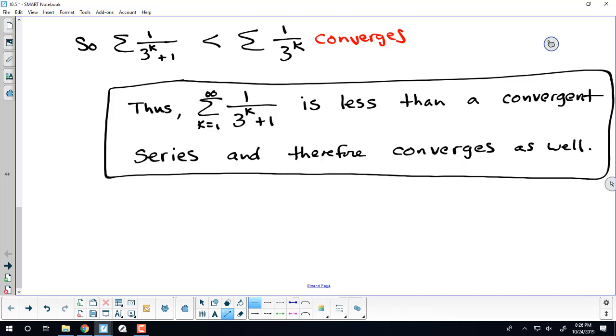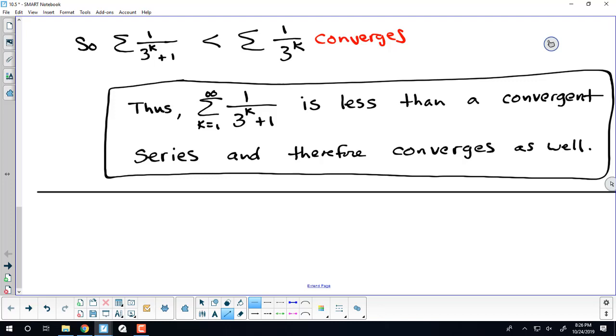So the test we see after this is honestly preferred over this test, because this test is inconclusive sometimes and the direct comparison is sometimes hard to establish. When would it be inconclusive?